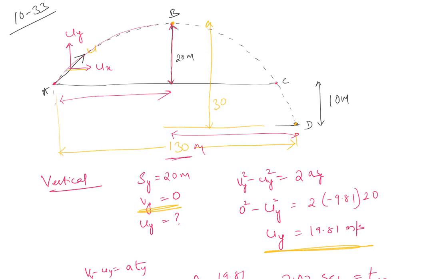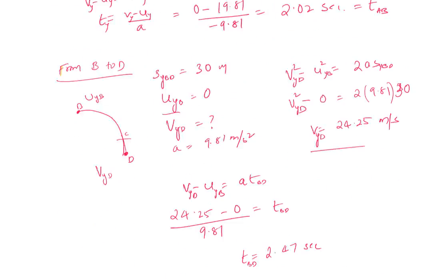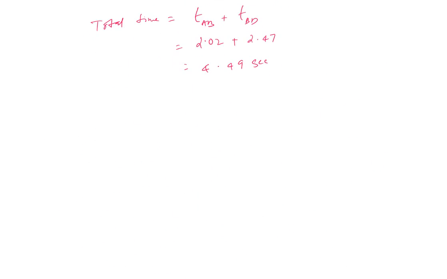So that'll give us the velocity in the horizontal direction. 4.49 seconds to cover 130 meters in the horizontal direction, or x direction.